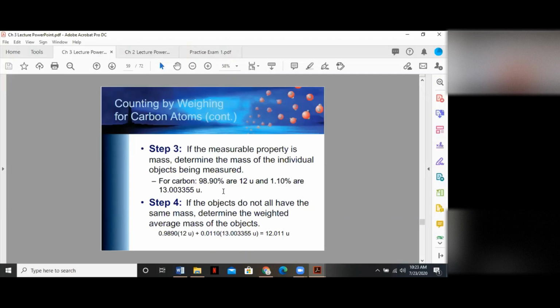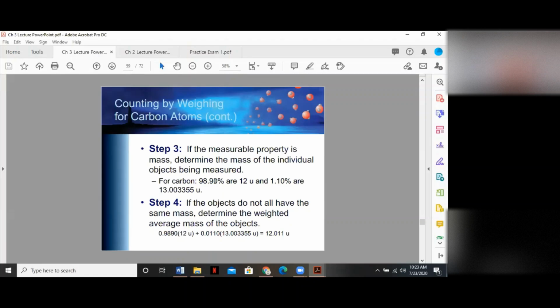So what do you do then? What you do instead is convert the percent back to a fraction. How do you convert a percent back to a fraction? You divide it by 100. When you divide 98.90 by 100, you get 0.989. And when you divide 1.10 by 100, you get 0.0110. So that's step number 1: you convert the percentage back to a fraction.